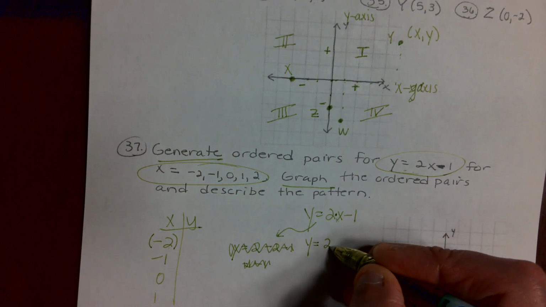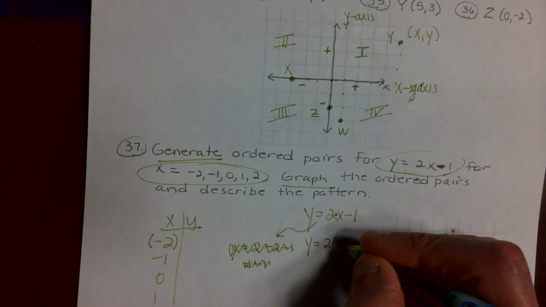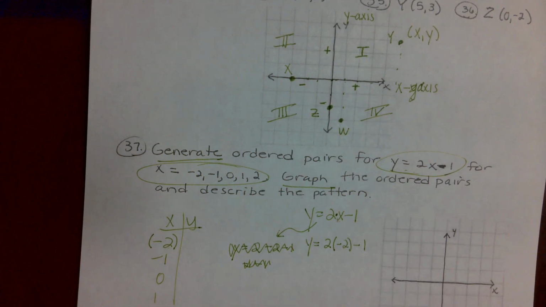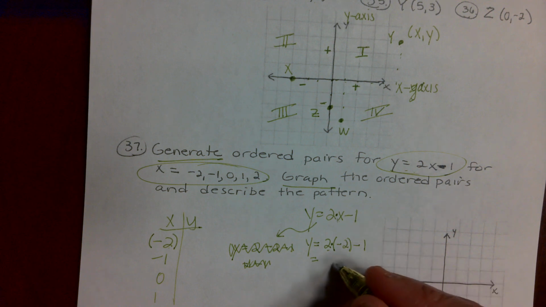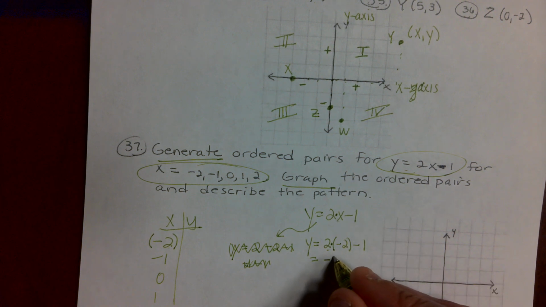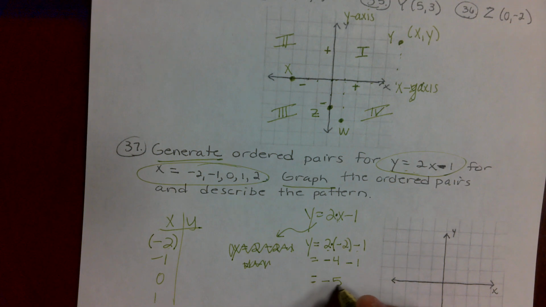Y equals 2 parenthesis negative 2 minus 1. Now we have the right symbols in there. So we know that this is multiplication, and 2 times negative 2 is a negative 4. Then we have the minus 1. So the actual answer is negative 5. Okay? So be very, very careful.